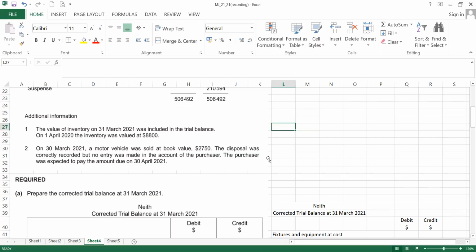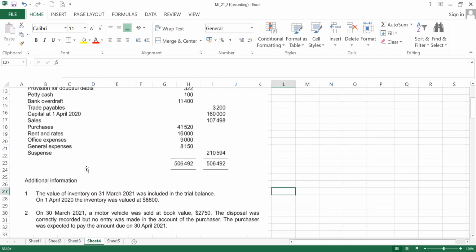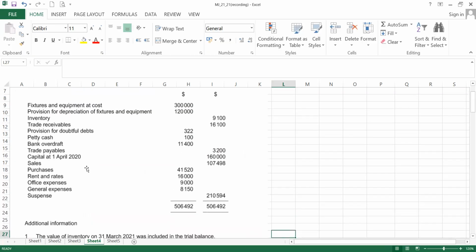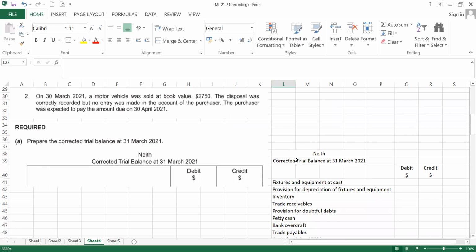The disposal was correctly recorded, but no entry was made in the purchaser's account. Here we don't have motor vehicle, this one disposal is done. That means they did all the disposal accounts except the purchaser's account. So there is one customer we didn't record. A customer is an asset, so later on we need to take note of this adjustment.